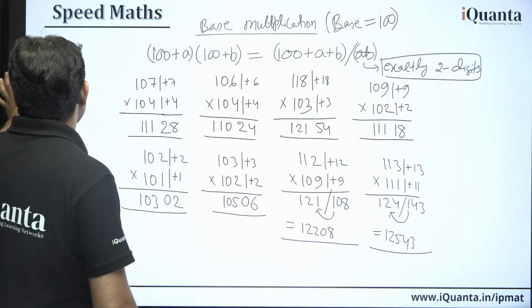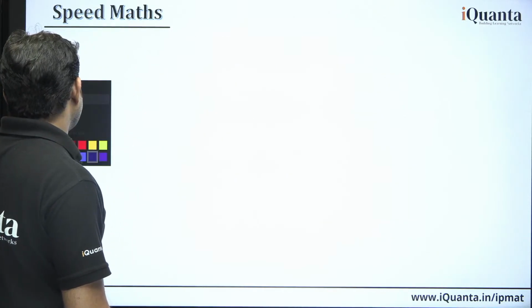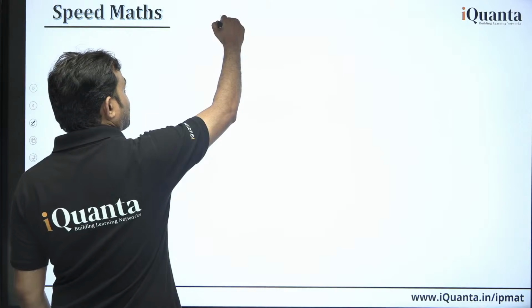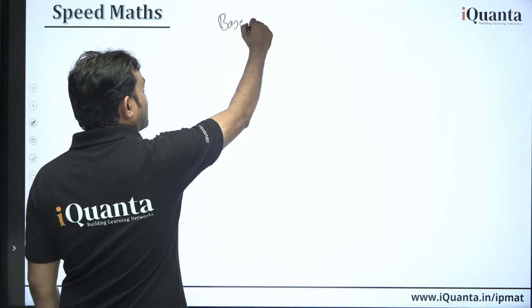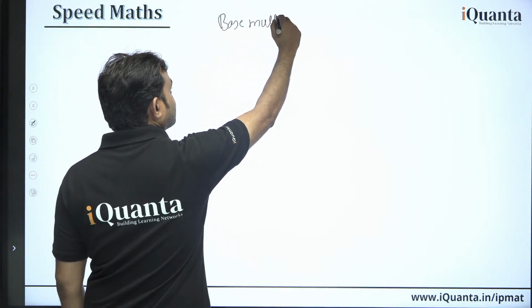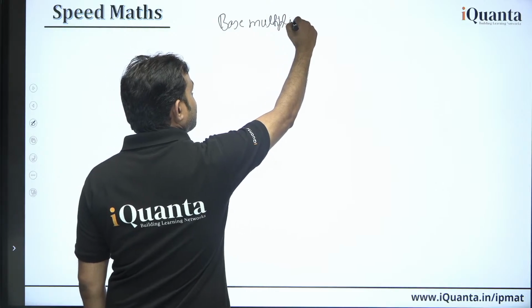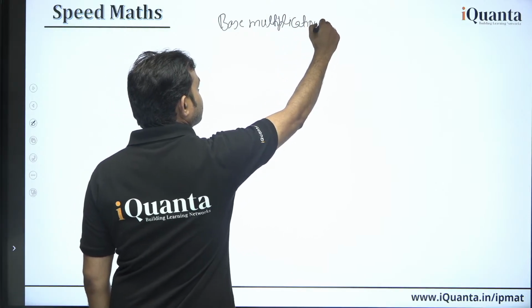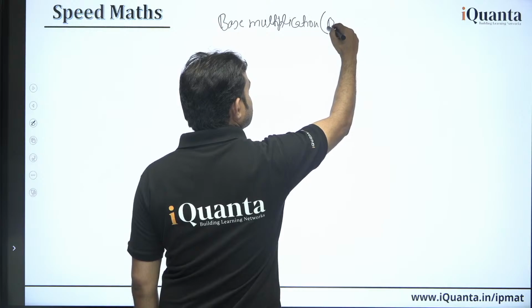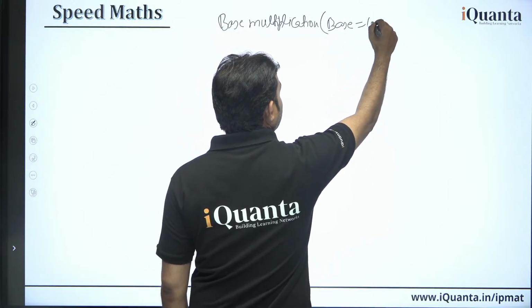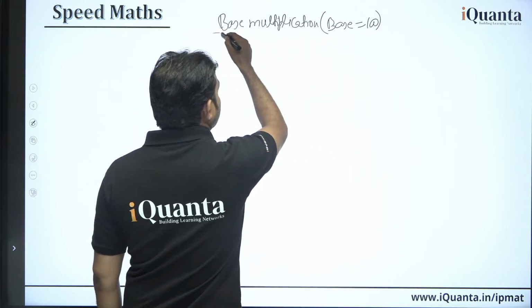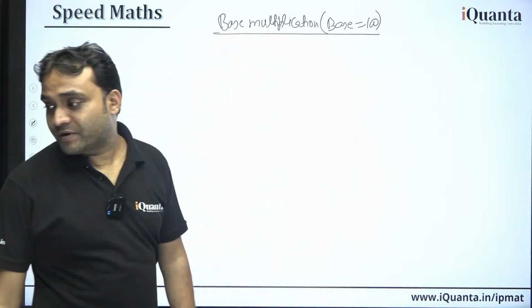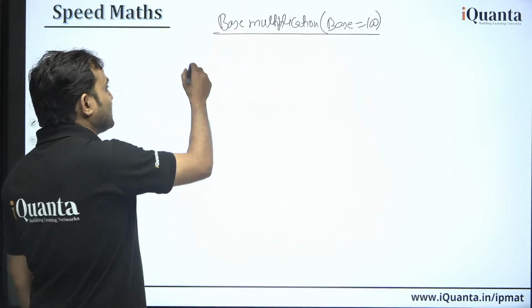Now this is when both the numbers are greater than 100. Now what if both the numbers are less than 100? Base multiplication, base is still 100.